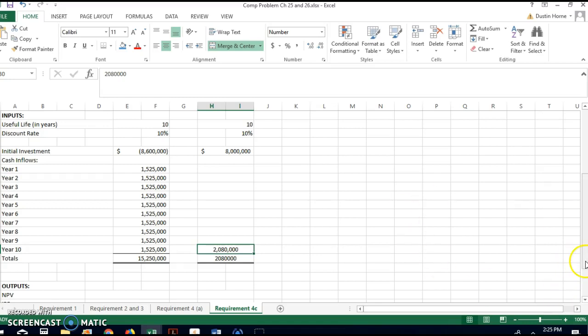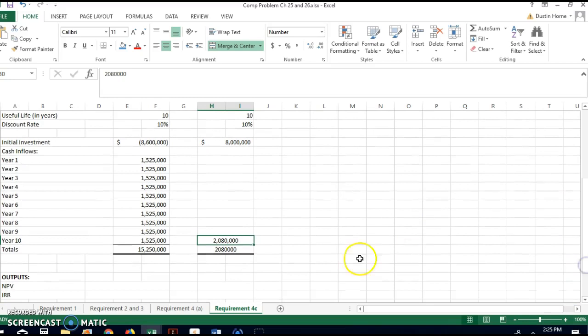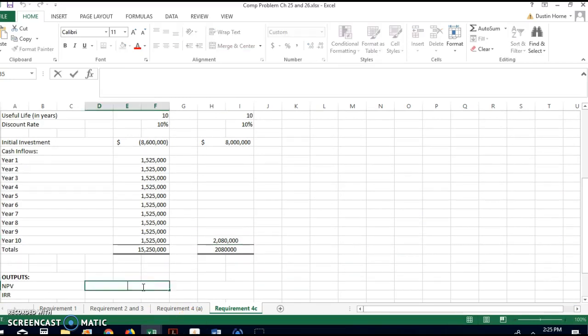But I am going to show you how to calculate Plan A. You want the net present value of all these inflows, but we have to subtract out the outflow, or add the negative. This is negative because it is an outflow.